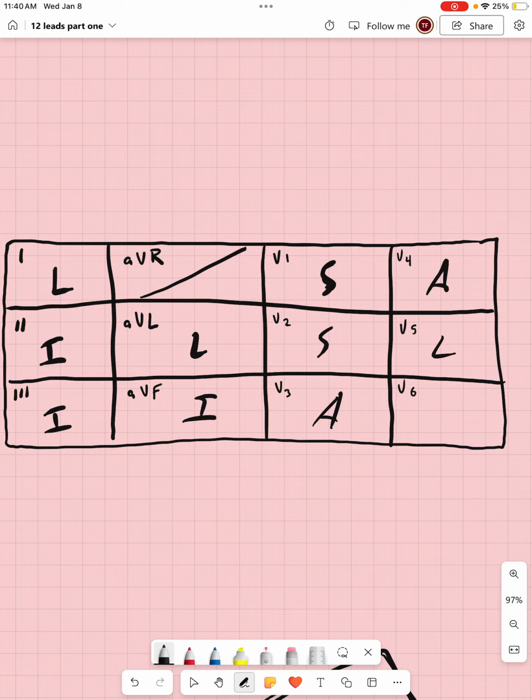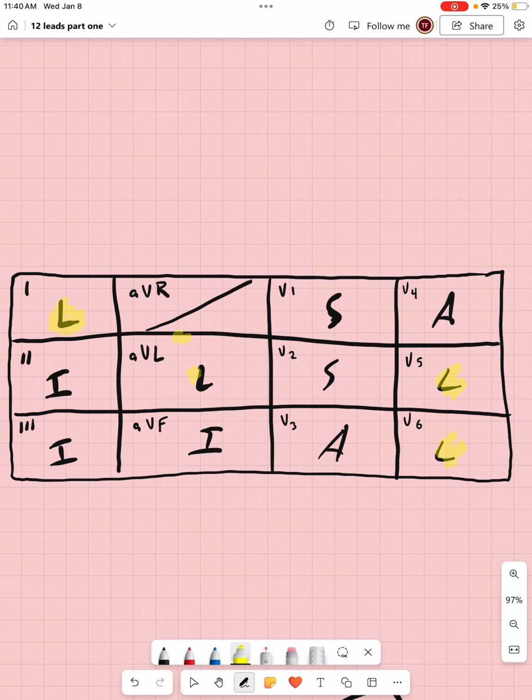V5, lateral. V6, lateral. So, in theory, if I am seeing an abnormality in V5, V6, and V1, that tells me that something is wrong in the lateral portion of this patient's heart.